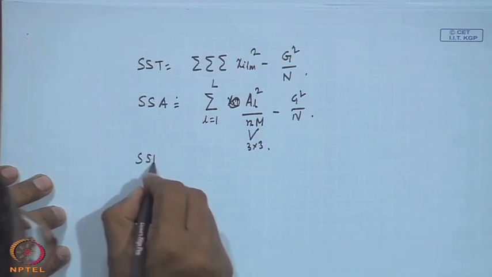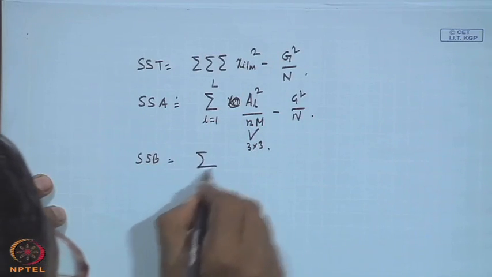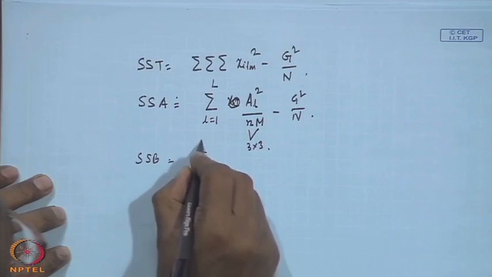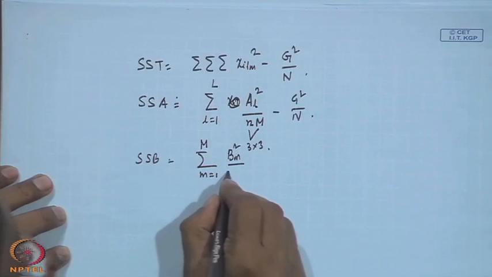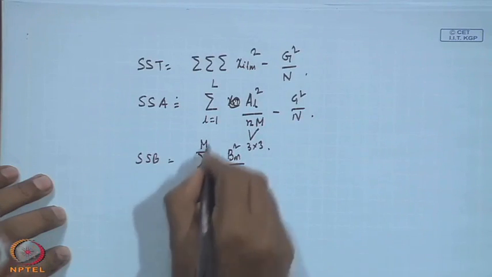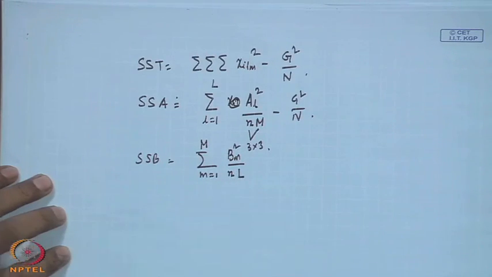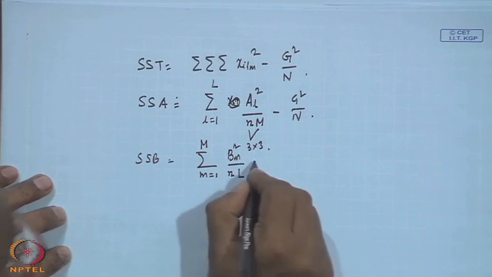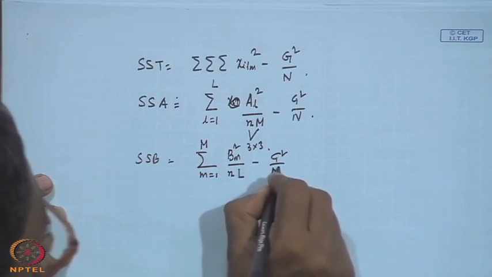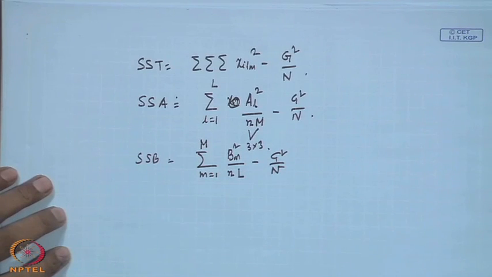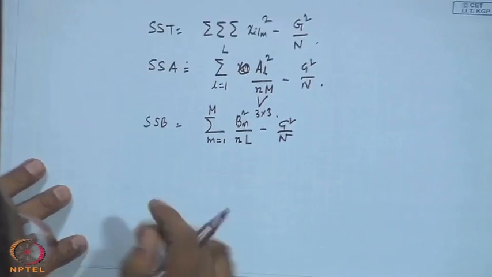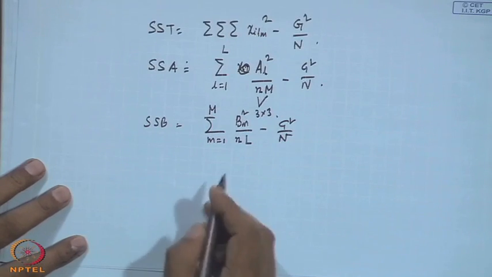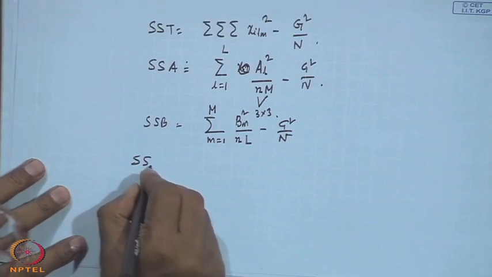So, what will be our SSB? SSB across m equal to 1 to capital M will be B_m square by n, but here m is varying, minus G square by capital N. Now, we will create another thing which is known as SS subtotal.